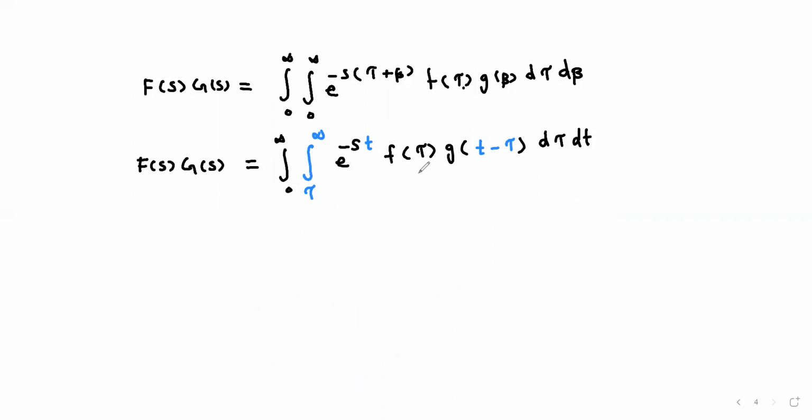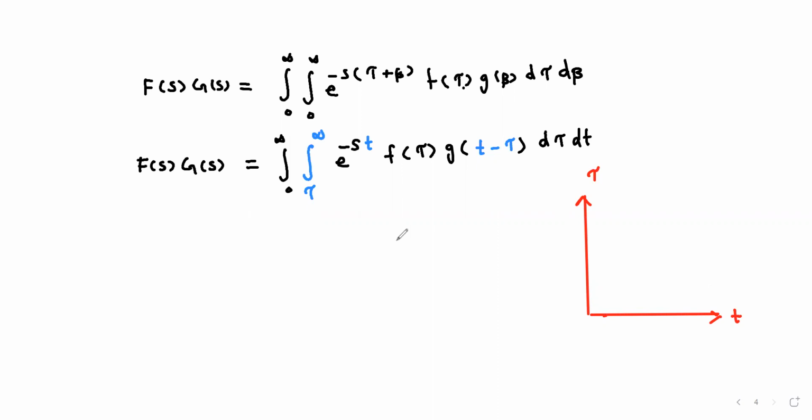Now students, be careful. We want to change the order of integration. For changing the order of integration, I will tell you here. If I have this one axis and this axis, we label these axes: this is our t axis, and this is our tau axis.